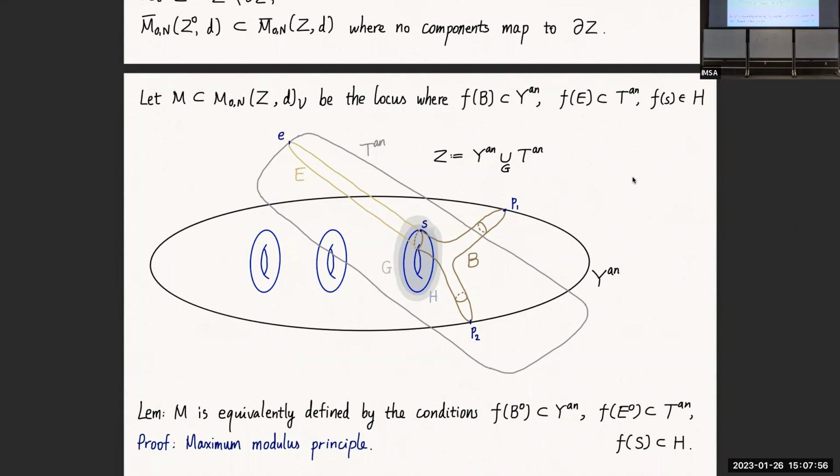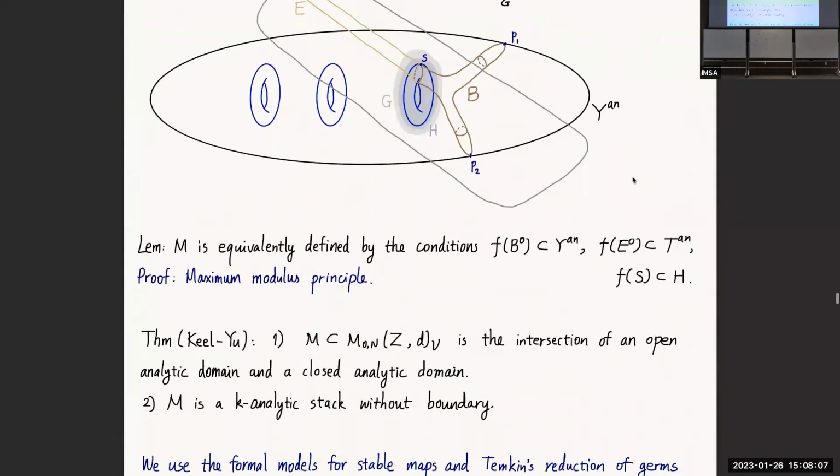So it's better to have something open mapping to something closed, or something closed mapping to something open. That's why we have the equivalent formulation using the maximum modulus principle.